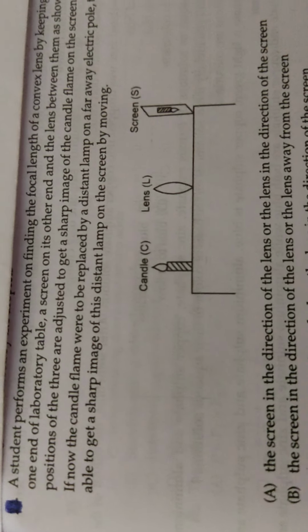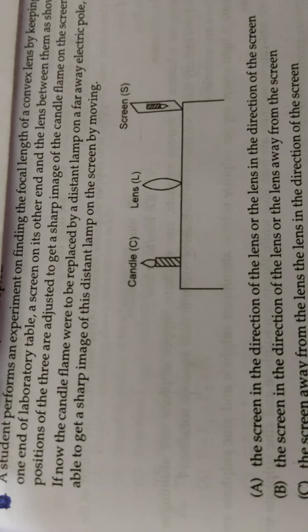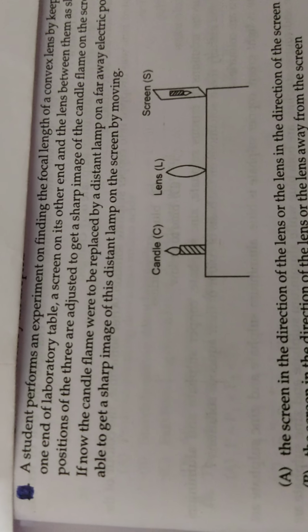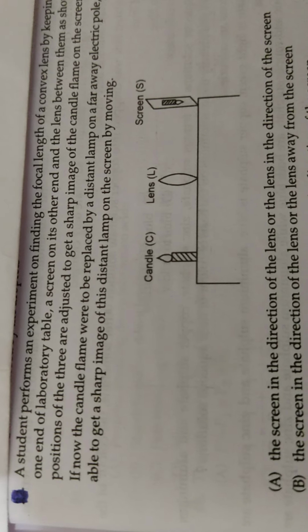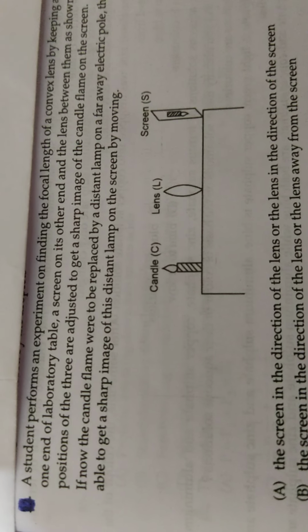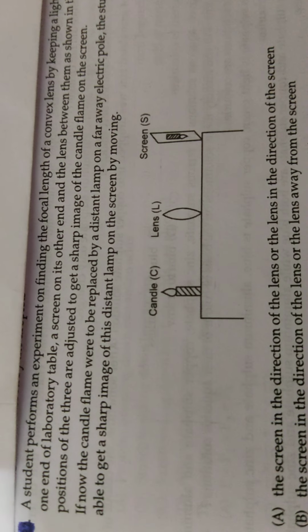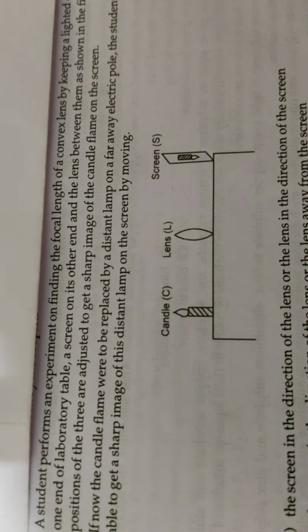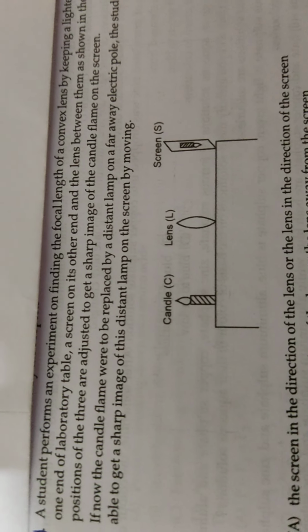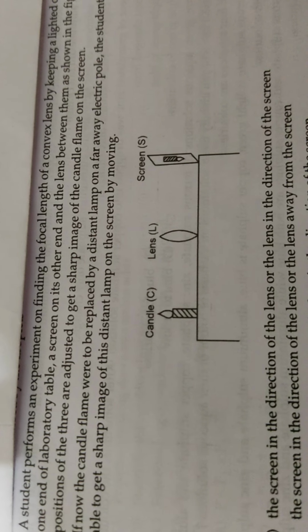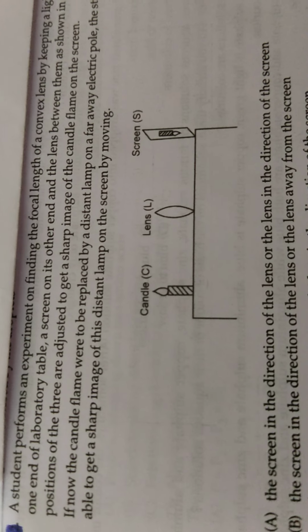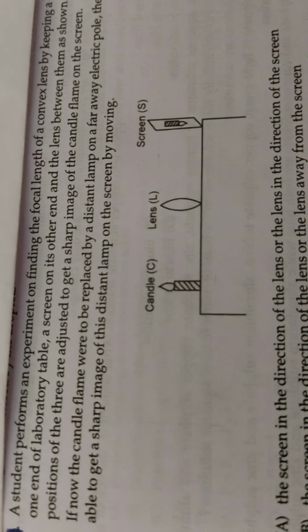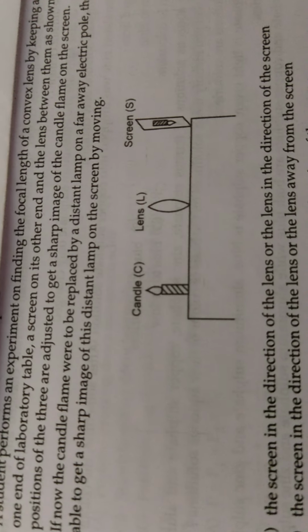Now, what they have given is that instead of this candle, a distant object is focused by the lens. If now the candle flame were to be replaced by a distant lamp on a faraway electric pole, it means now we will consider that the object is at infinity.